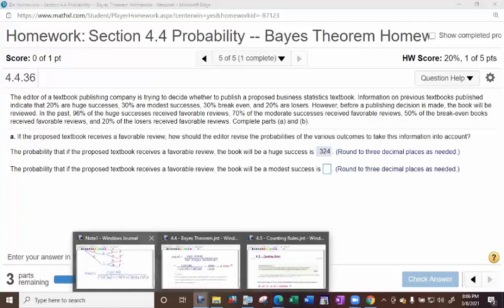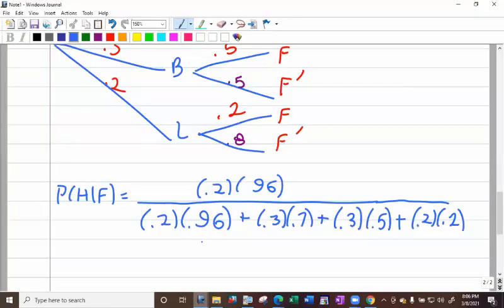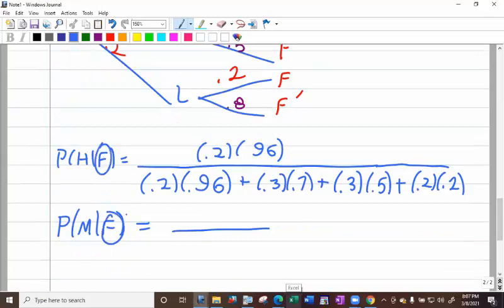We'll do this real quick. Modest given favorable. What was that number, 592, whatever it was? Yeah, 592 is going on the bottom again because it's still the same probability of the favorables here.